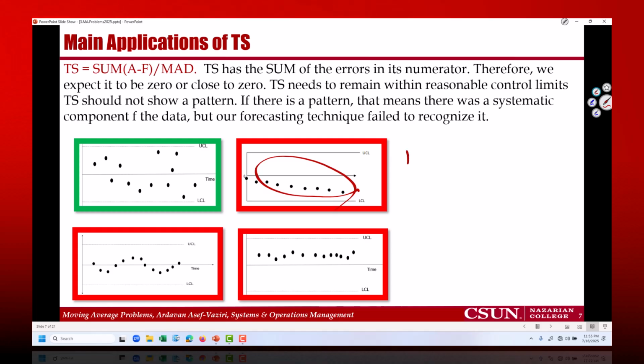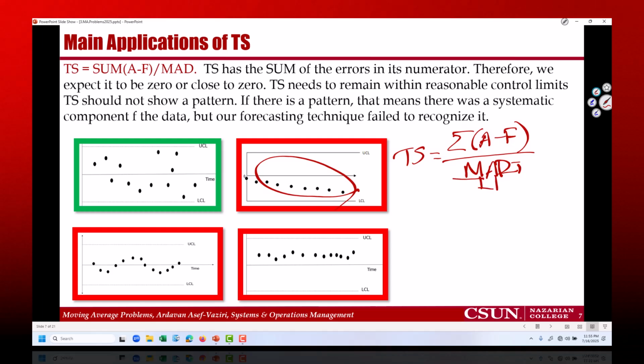Tracking signal is equal to the summation of A minus F divided by MAD. And MAD is a positive number. So if it is like this, that means A minus F is negative.